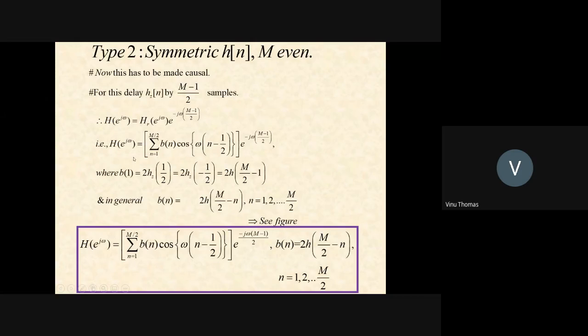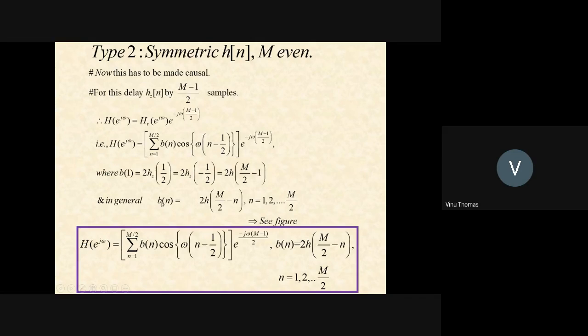That is, H(ω) can be written as the sum over n equal to 1 to M/2 of b(n) cos ω(n - 1/2), which is what we had earlier, which is H_R(e^{jω}), to be multiplied by e^{-jω(M-1)/2}, where b(1) is 2h(1/2), which is also equal to 2h(-1/2), which is equal to 2h(M/2 - 1) in the shifted causal sequence.